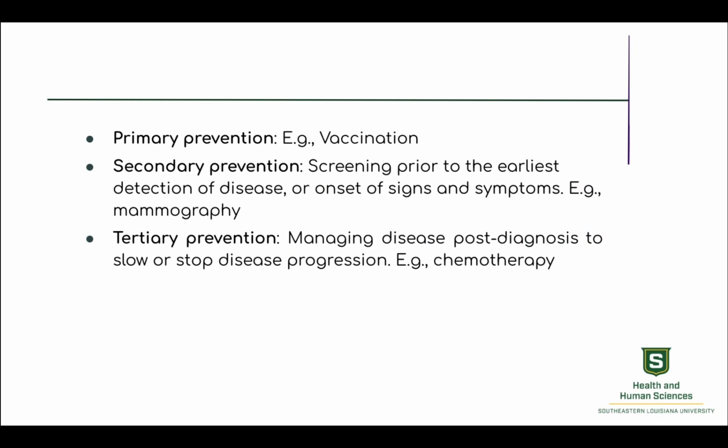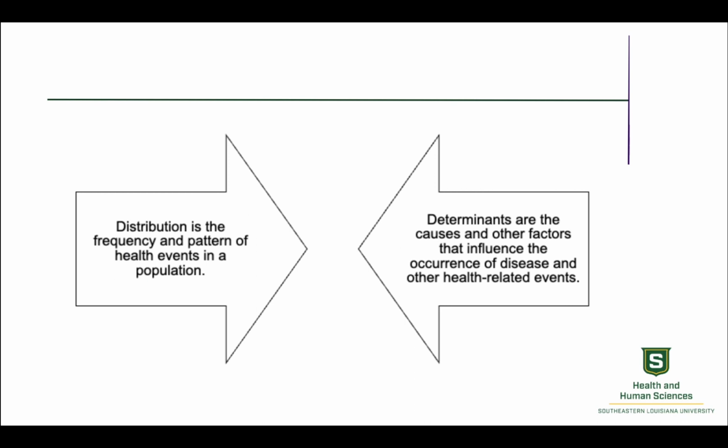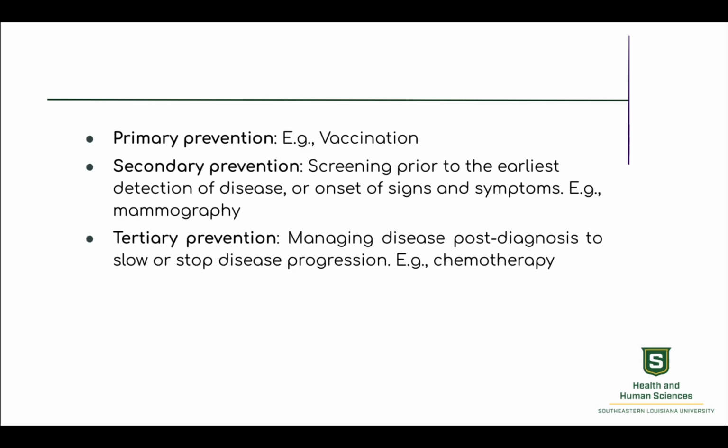Then we have secondary prevention, where we're thinking about mammograms, just basically to screen for early detection of diseases, or just to show what one's risks are. And then we have tertiary prevention, where we're managing the disease post diagnosis, things like chemotherapy.